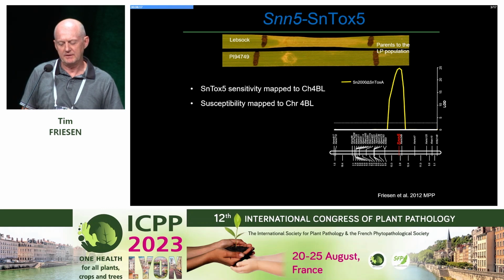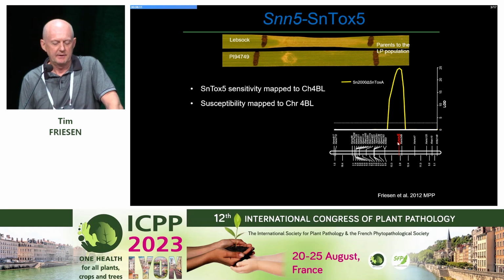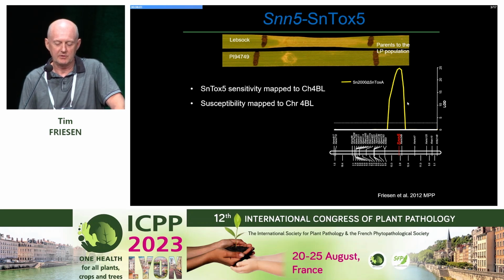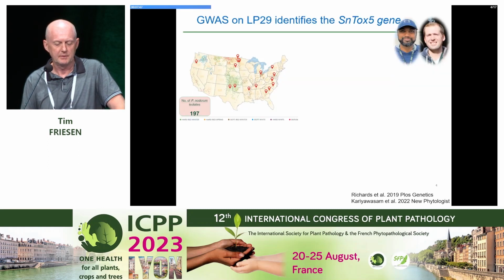That sensitivity, as you can see here, is mapped as a single gene trait in red. Then when we inoculate with the pathogen that secretes TOX5, the yellow line here is the association with disease. So the pathogen is using TOX5 to target SNN5 to cause necrosis and to cause disease, and then ultimately to complete its life cycle.